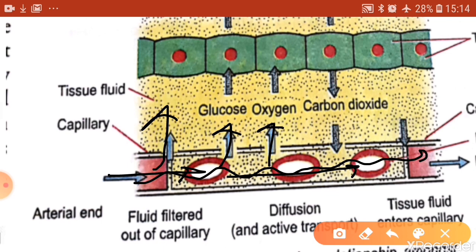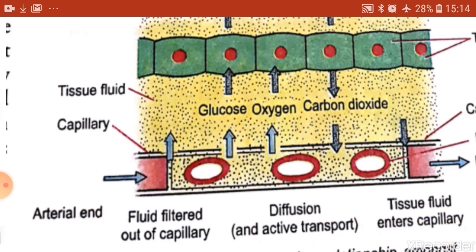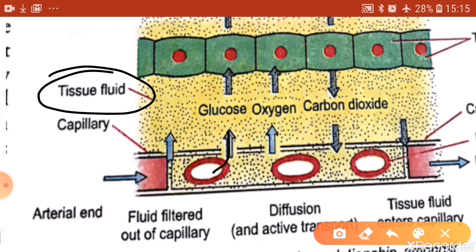Through these holes the plasma comes out and fills up the spaces present in the tissue region. Once this fluid comes out, it is termed the tissue fluid, because this is how exchange of material occurs between the capillary and the cells.